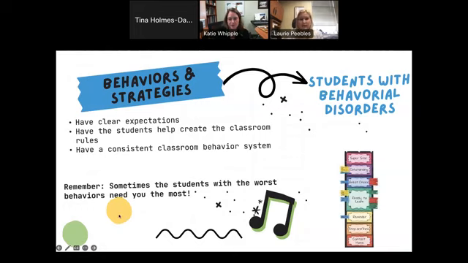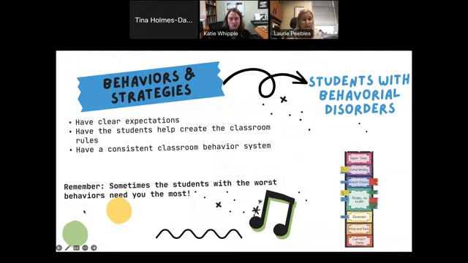If they just needed to be redirected, they would be told to move their clothespin down. For the most part, we never got further than basically reminding them to get redirected. A lot of my students would be on yellow at the most, and if they were having a really bad day, it was red or orange. And that would be something I would talk to the student about after class: these are the choices you made. How can we make better choices in the future?